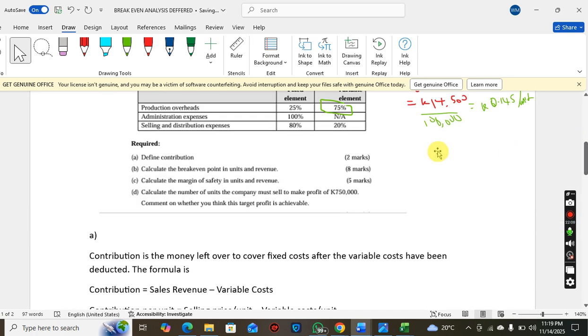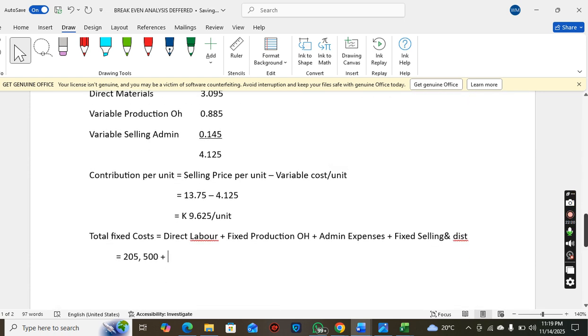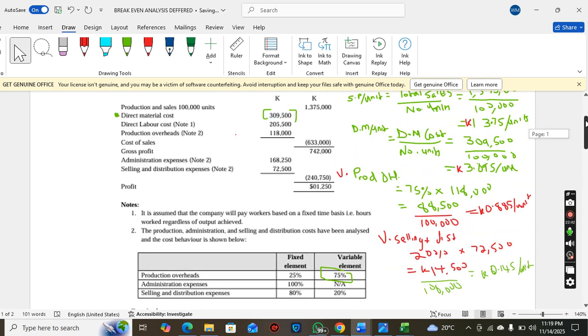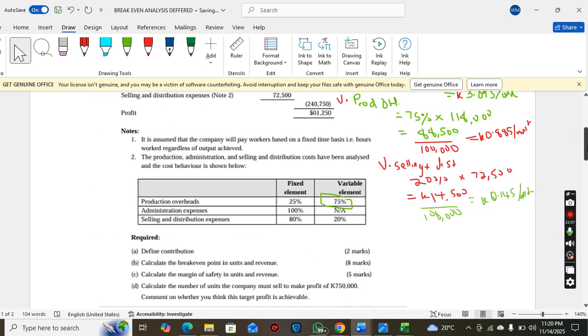The production overheads were 25% of 118,000, plus admin expenses 168,250, plus fixed selling and distribution, 80% of 72.5.